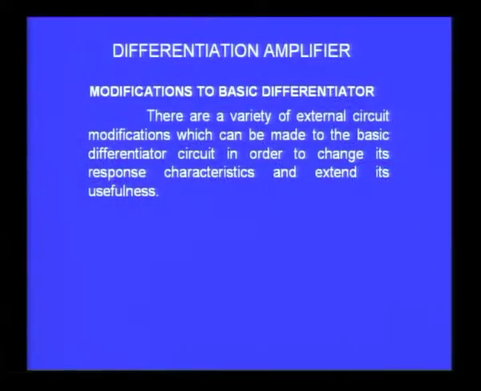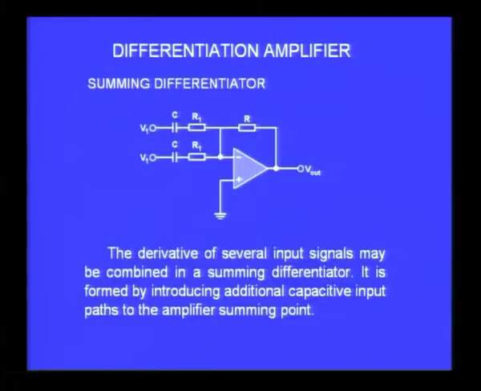Right. Now we have seen the demonstration as well as a simulation of the differentiating circuit. We can also have several variations of the differentiating circuit. For example, I can have multiple signals.